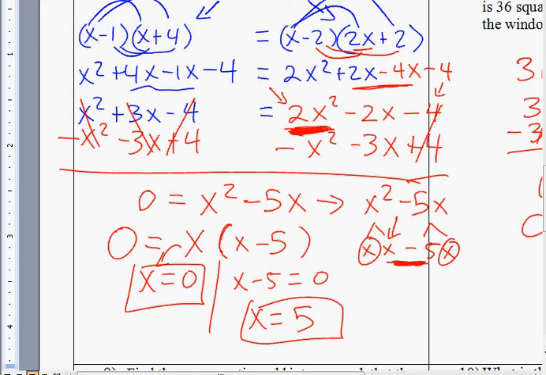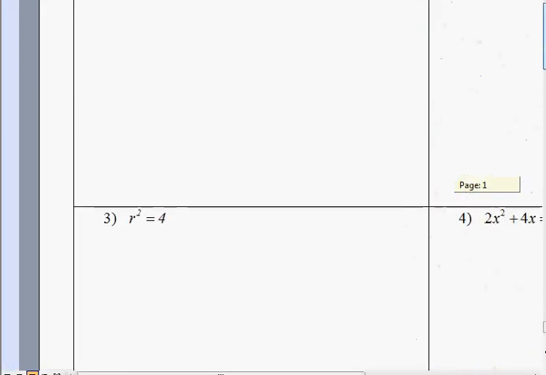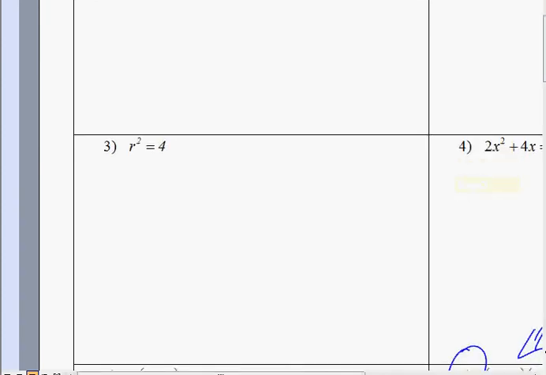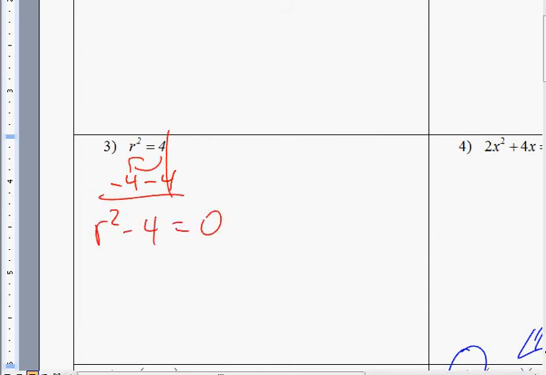Okay, I'm trying to go through a few more questions quickly before I need to go. Let's go over question 3 here. r squared equals 4. Step 1, move everything to the left side, so I'm going to subtract 4 on both sides. This will give me r squared minus 4 equals 0.